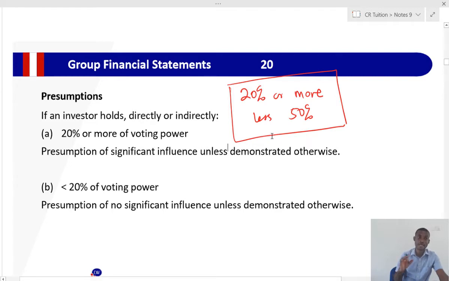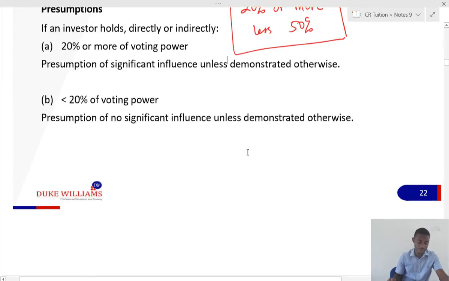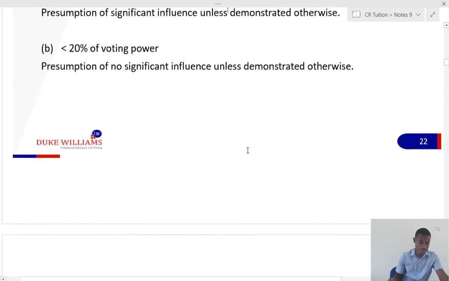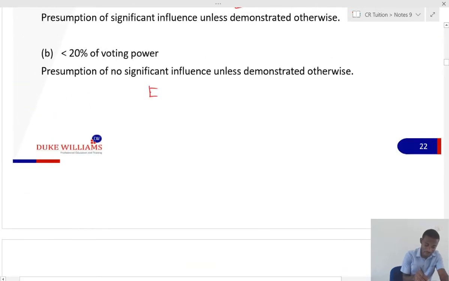And by associate, we mean we have to do equity accounting.